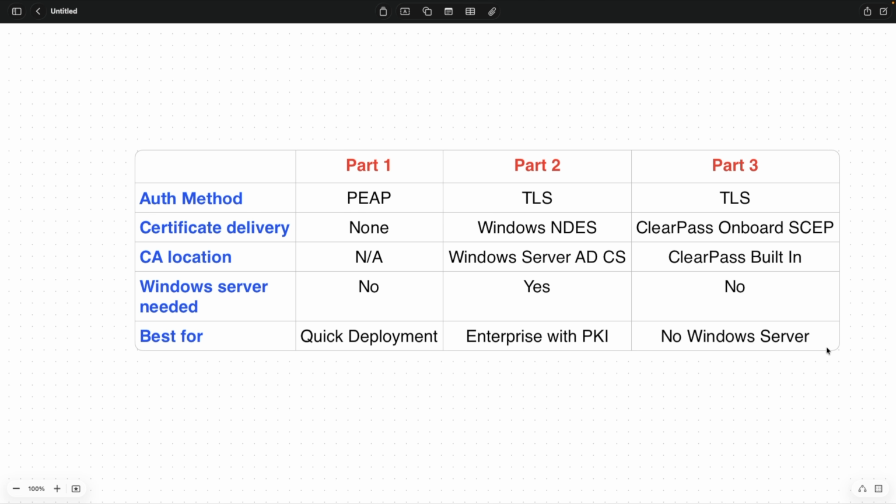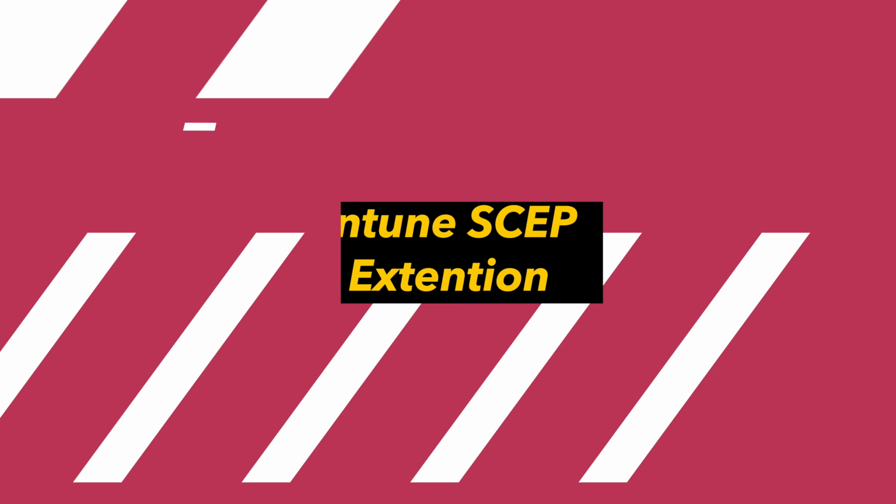But the main issue in this deployment is that you need an Onboard license. You need to calculate the Onboard license based on the device count. ClearPass should have the Onboard license. That is the only drawback of this deployment, because you have to purchase it.